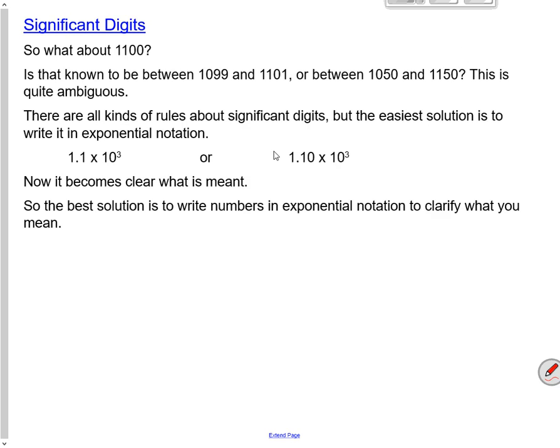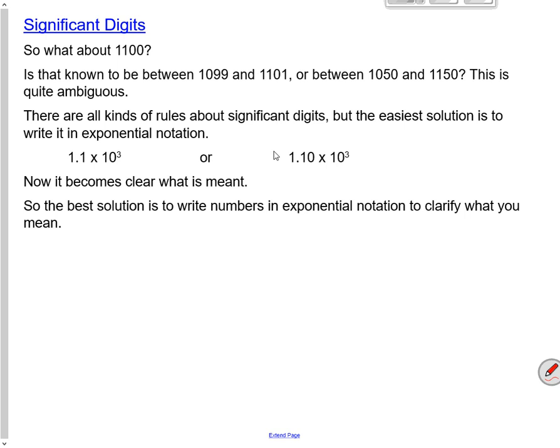So what about numbers like 1100? That's really ambiguous. It's hard to say. There are rules for how many significant digits that has, but the point is it's very ambiguous. The easiest solution to numbers like that is to write them in scientific notation. So I could write it as 1.1 times 10 to the third.